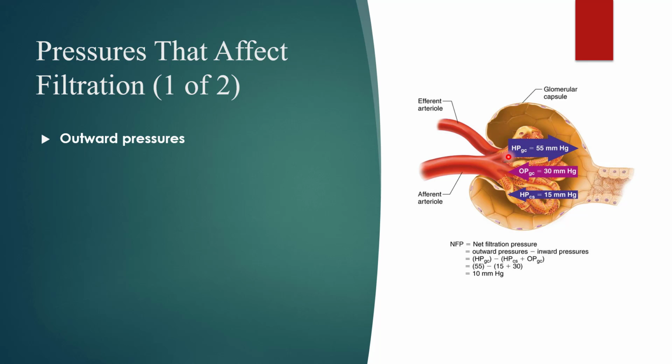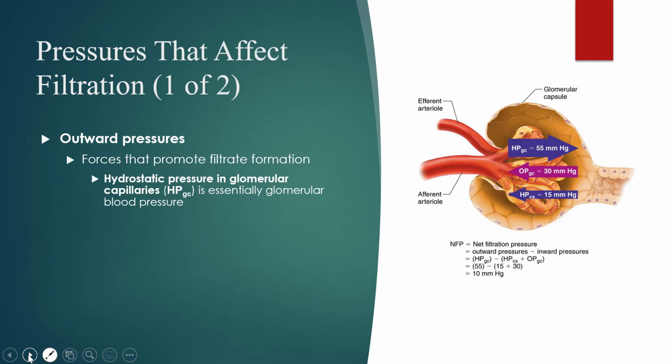You have one big outward force, which is the hydrostatic pressure, the force that promotes filtrate formation. The hydrostatic pressure, which is GC, is essentially the glomerular blood pressure, formed by the gush of blood coming from the afferent arteriole.